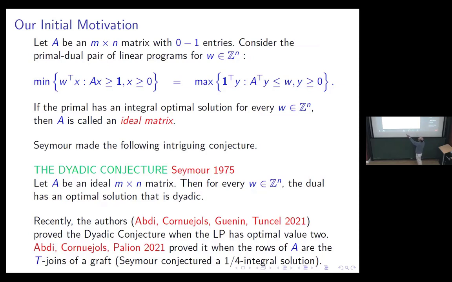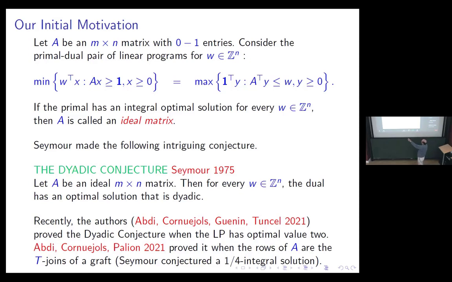I'm going to look at, let's say, a minimization problem where my objective function is some integral vector w. And so if you look at the LP and its dual, you of course have this equality. And so we might be interested in trying to understand the dual solutions, which is kind of a packing of the rows of this matrix A.